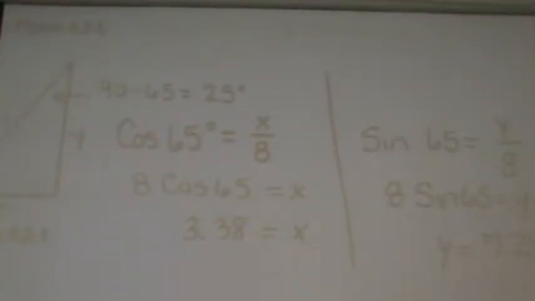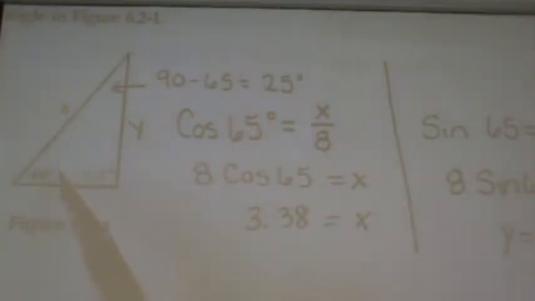Now, check for the reasonableness of your answer. Remember that the hypotenuse is always the largest of the three sides. It has to be bigger than these two legs. Is it bigger than these two? It is.